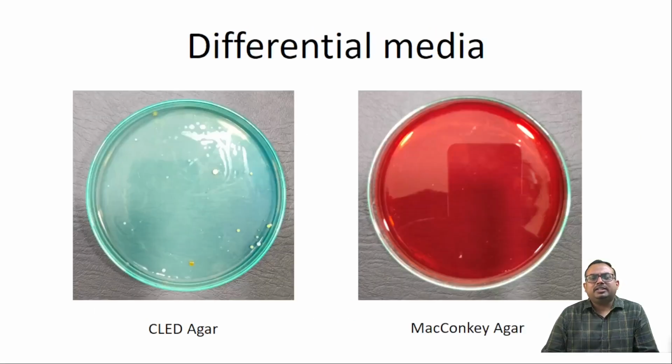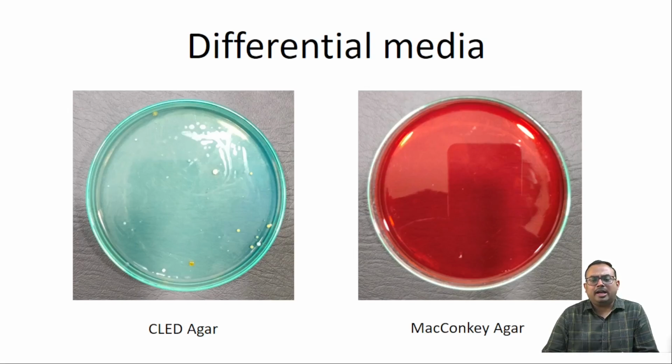Now let's see what the differential culture media are. The differential culture media, as the name indicates, differentiate one type of microorganism from another. The classical example is CLED agar or MacConkey agar, where both these culture media can differentiate lactose fermenting colonies from non-lactose fermenting colonies. On CLED agar, the lactose fermenting colony appears yellow in color, whereas the non-lactose fermenting colony appears pale in color.